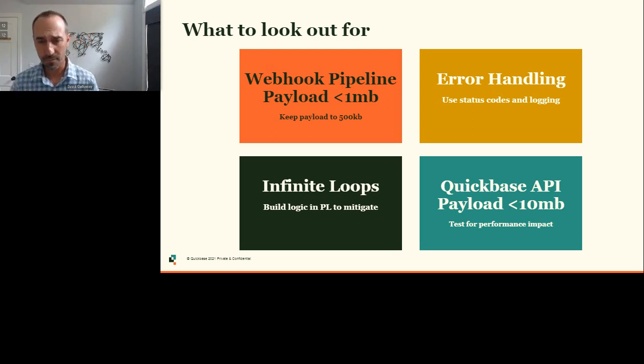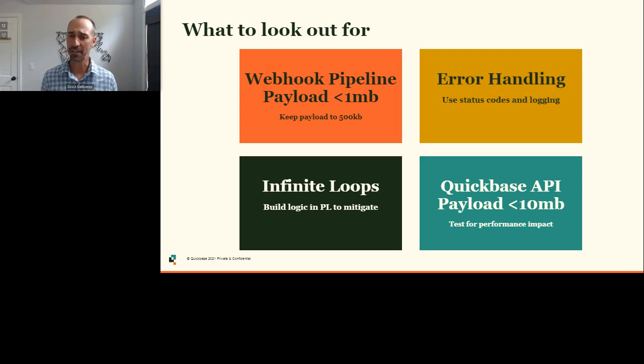You want to build in your own error handling, your own kind of resiliency. Different use cases are going to require different ways to handle what's going on. If you're working with other systems, the way that they send you errors is going to be different than how Quickbase does. So you need to take that into consideration.